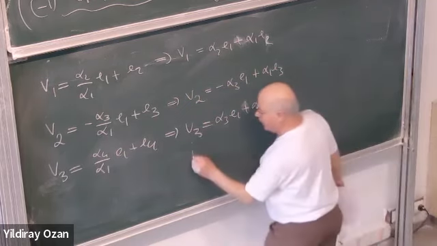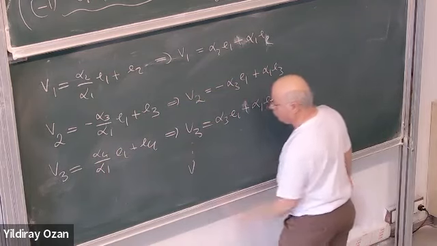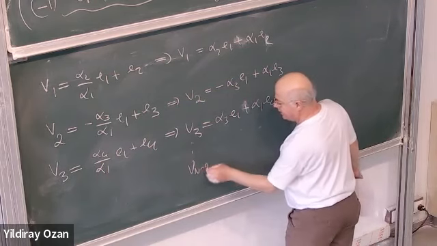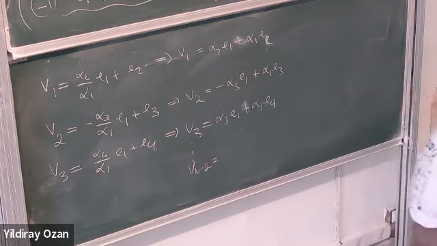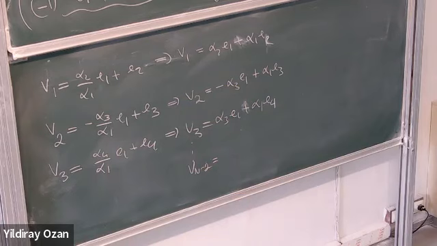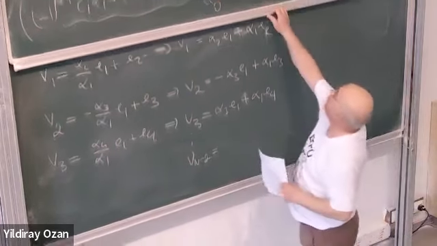I'll keep going like this up to n minus 2. I need n minus 1 vectors, right? Which ones?